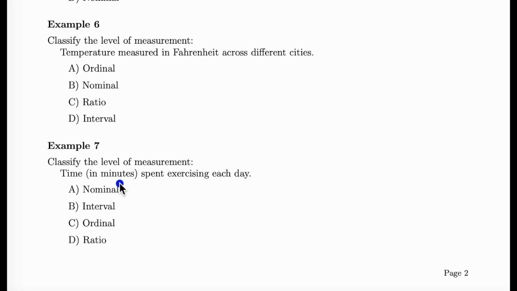Does 0 minutes mean the absence of minutes? 0 minutes means there's no minutes, no time has passed. So that means this data set would have a true 0. And when we have a true 0, we would say that's a level of measurement called ratio.